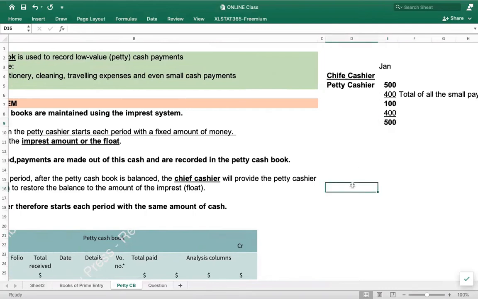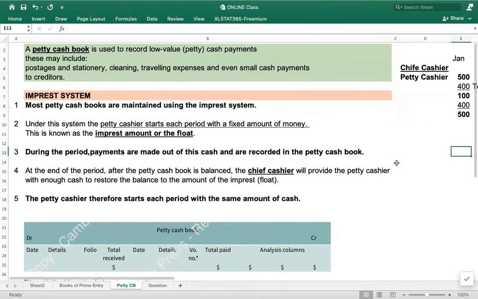So the imprest amount is the amount allowed for the petty cashier, a fixed amount given by the chief cashier to the petty cashier in order to make all the small payments. That fixed amount is known as what? Imprest amount or the float.